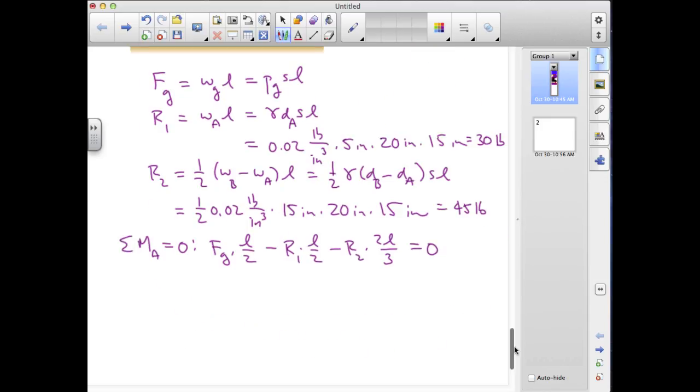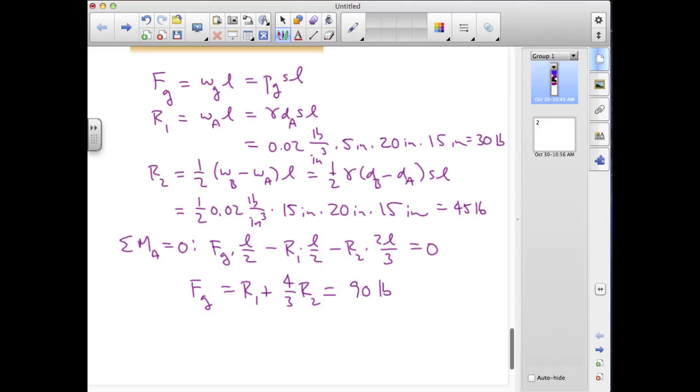That length falls out, and we just get the force provided by the gas has got to be equal to R1 plus 4/3 R2, and that ends up being 30 pounds plus 60 pounds, or 90 pounds.